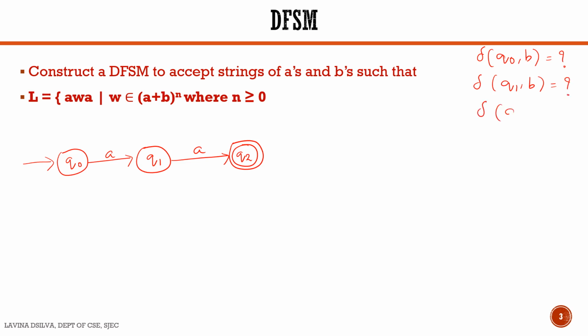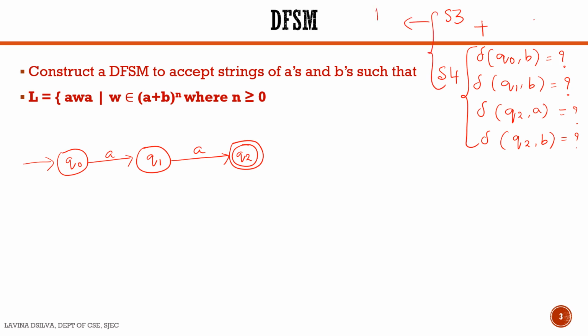Then on Q2 state, if we see an A, and on Q2 state, if we see a B. These are the 4 transitions which we identified in our step 4. In addition to this, we have our step 3 transitions, and all these transitions together will make up our DFSM.